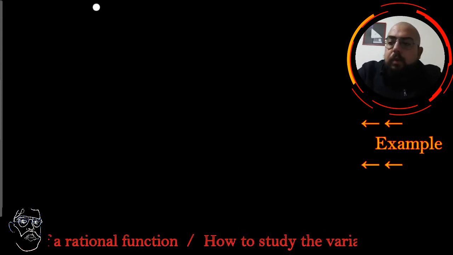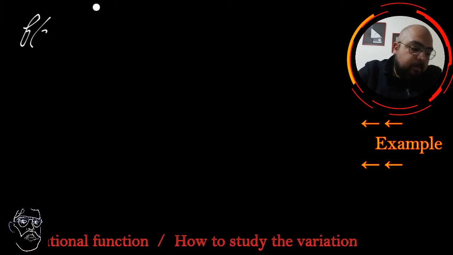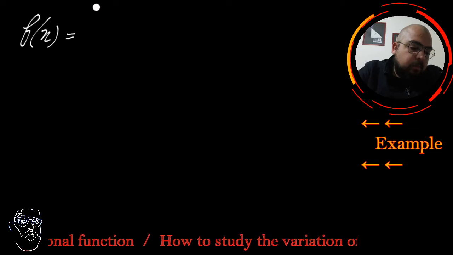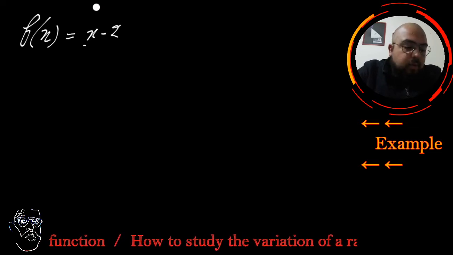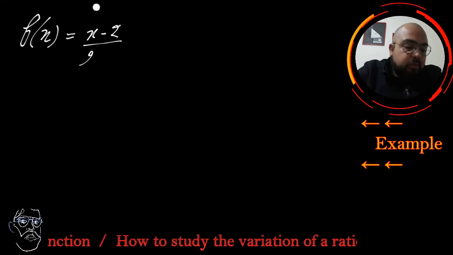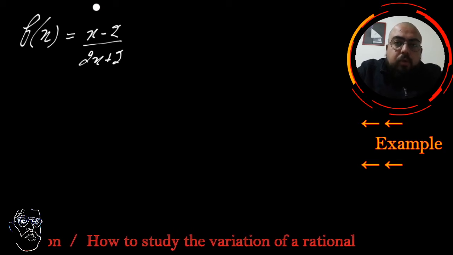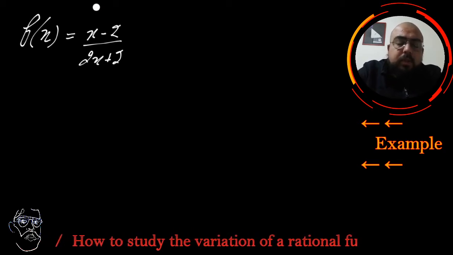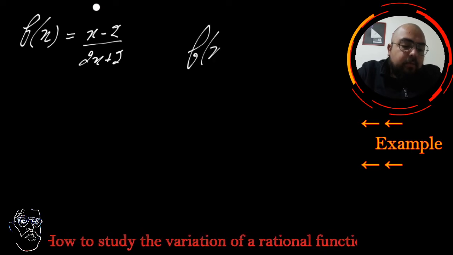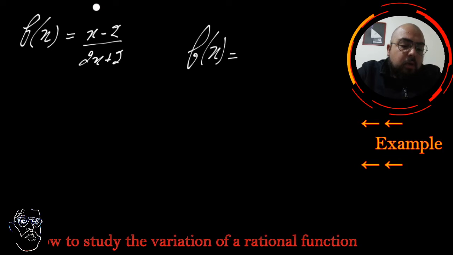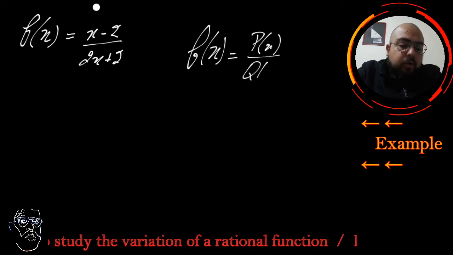So my function will be f of x equals x minus 2 over 2x plus 2. Now, just to remind you, a rational function is any function which could be written as f of x is a certain polynomial p of x over another polynomial q of x.